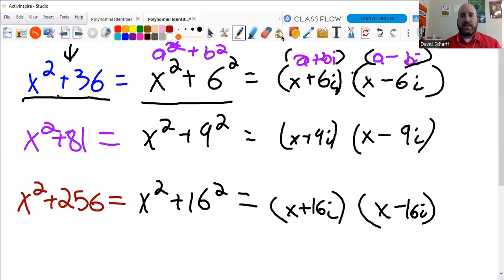I know there will be a test question on the end of unit test with this. I would like to do another quiz before that. I don't know if I'll include it on the quiz or if I'll just wait and include it on the test. I'll probably just wait to include it on the test. So that's that. So again, it says polynomial identities, mainly focusing on sum of squares. You need to know that for the test. And you also need to know for those 2 problems on the worksheet.